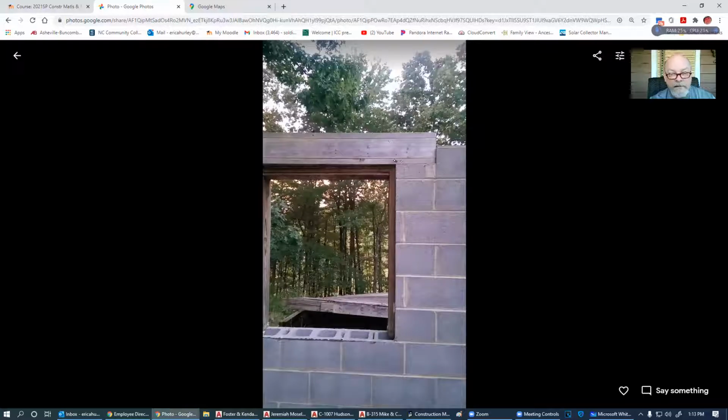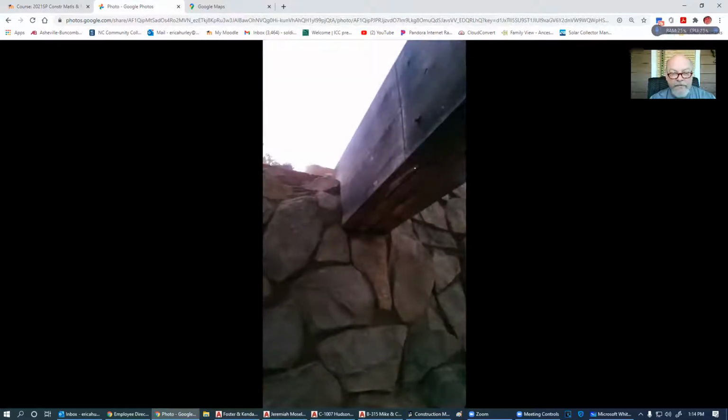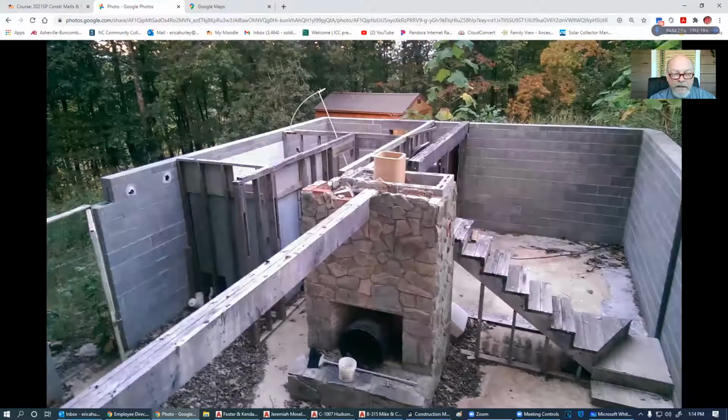Another header, non-pressure treated, setting directly on concrete foundation. There's that beam going into the fireplace again. There's that beam from above.